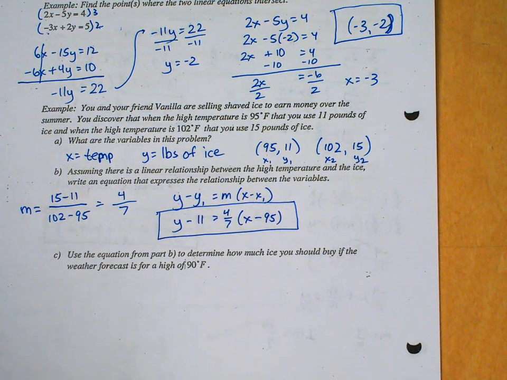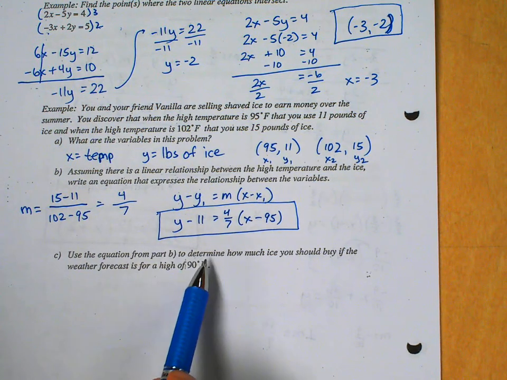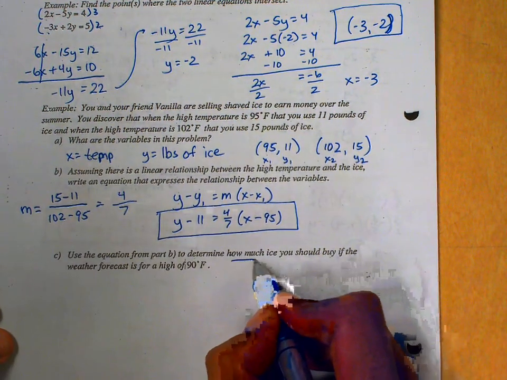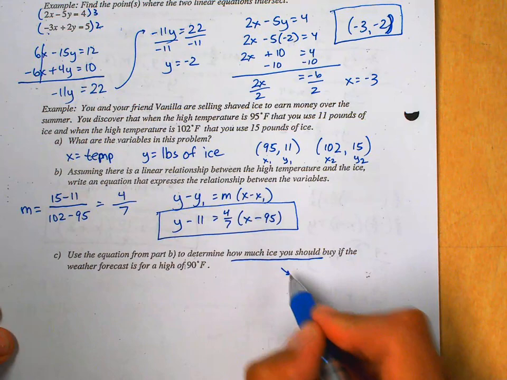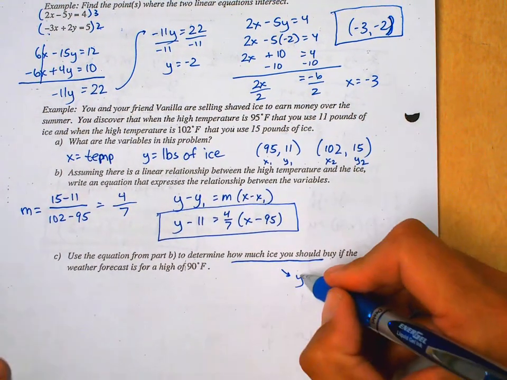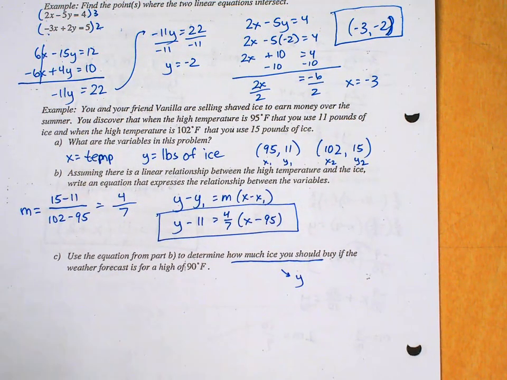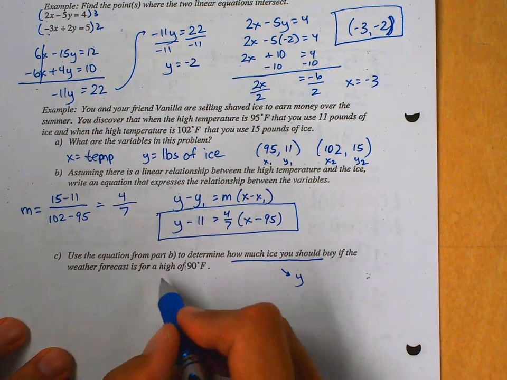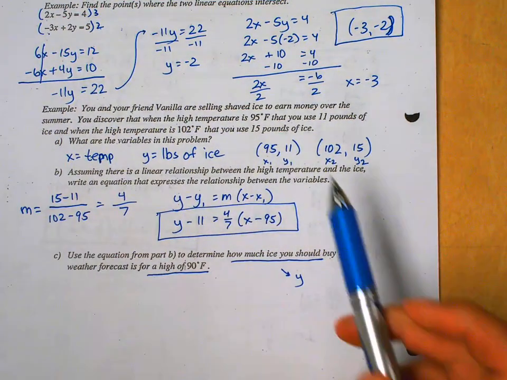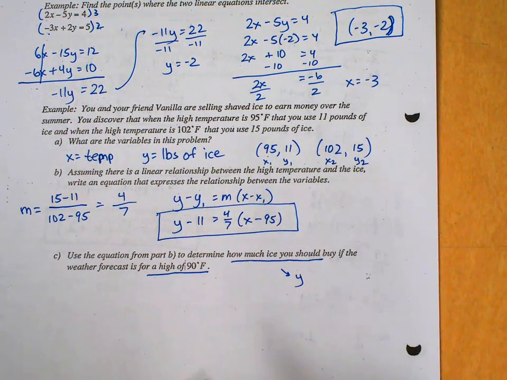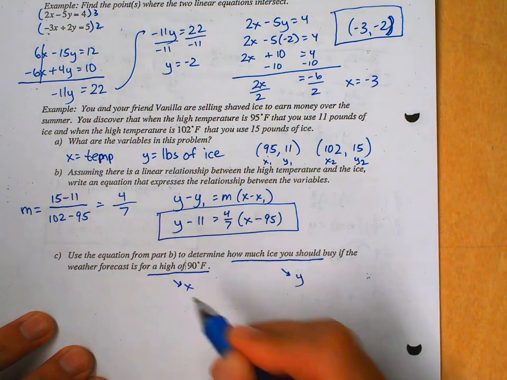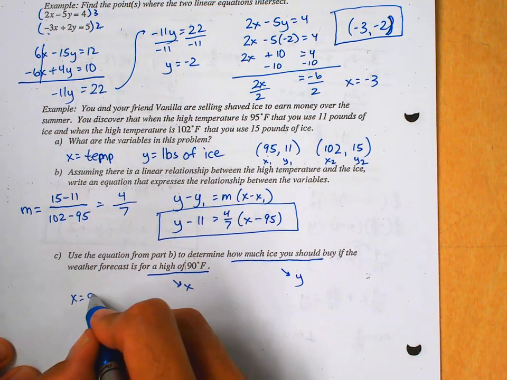The last piece, use the equation from part B to determine how much ice you should buy. How much ice is y. So we're trying to figure out what the y value is. If the weather forecast is for a high of 90 degrees Fahrenheit, well, remember, degrees was x. So x equals 90.